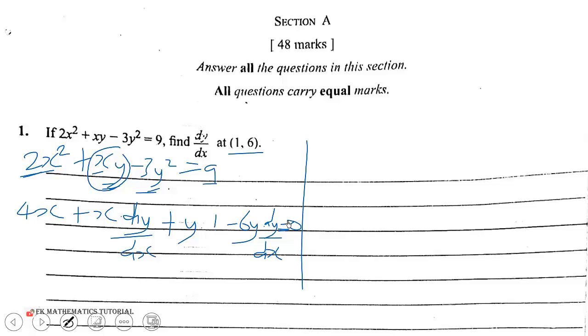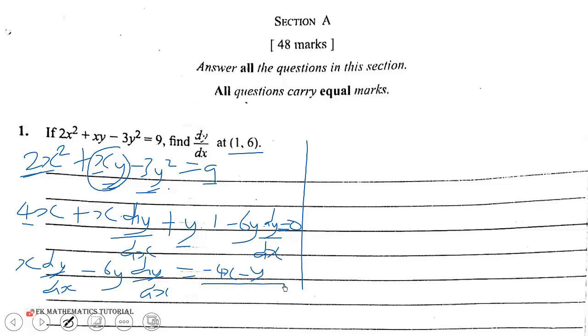So all that you're going to do now is to group the dy/dx on one side. So we have x dy/dx minus 6y dy/dx is equal to, now we send the 4x there, so we have negative 4x minus y.